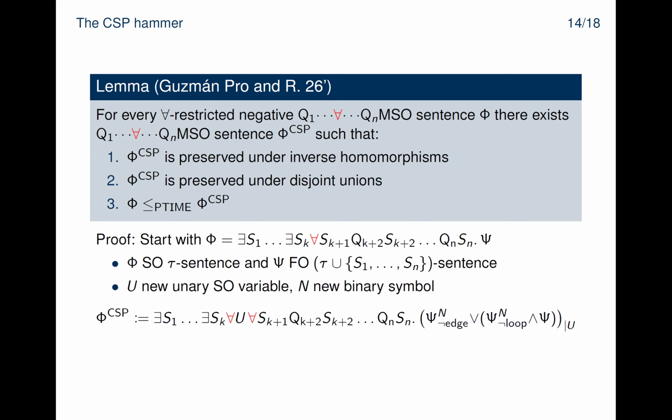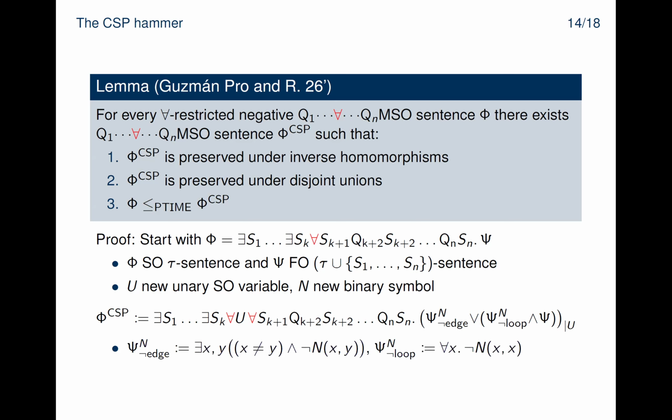We squeeze in a universal quantification over U in between the last existential second order quantifier in the first part of the existential prefix and the first universally quantified second order variable. And then we replace this first order sentence psi that constitutes the first order part of phi with a modified version of it.